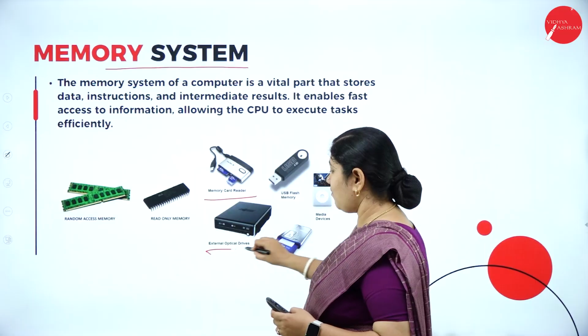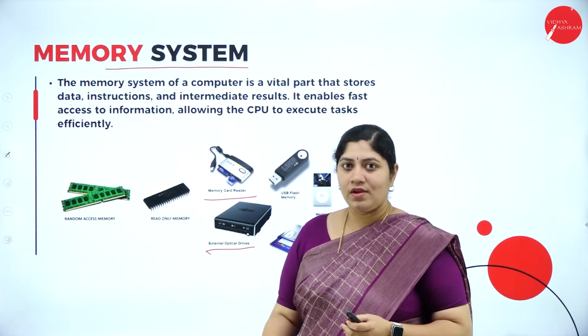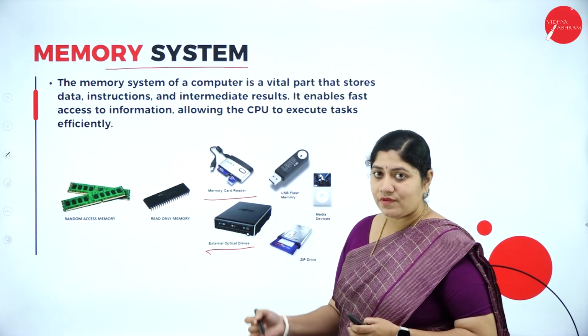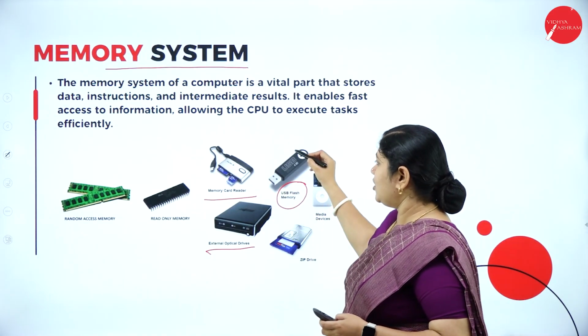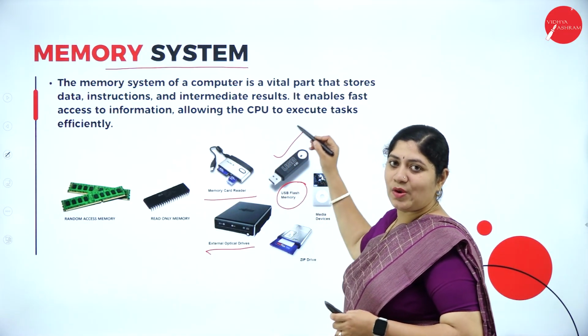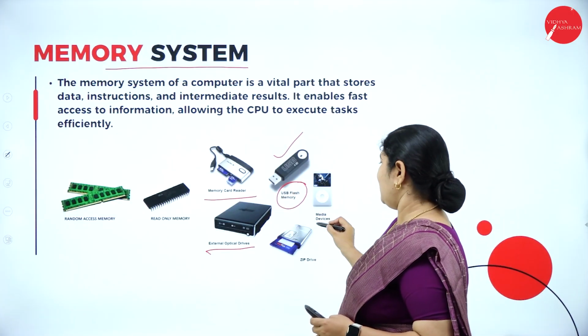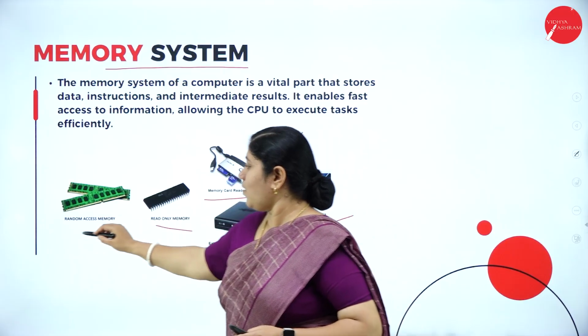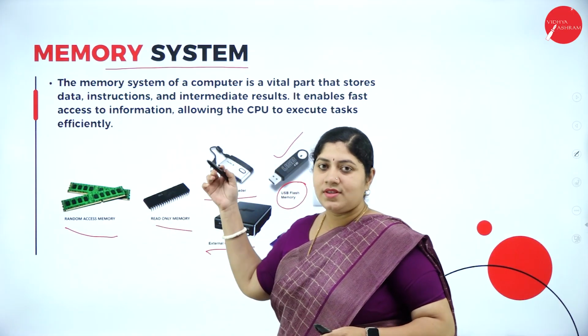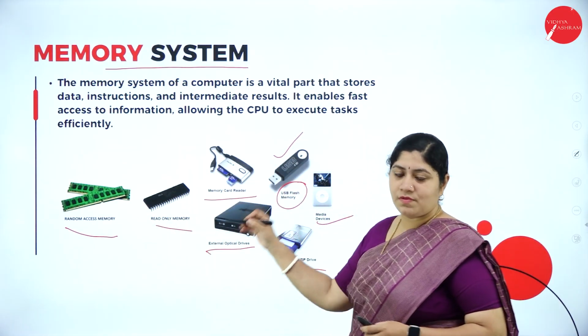And then we are having external optical drives in order to support that optical information. Then we have USB memory flash, which is one of the widely used memory devices. And then media devices, zip drive, as well as ROM and RAM. These are the different kinds of memory devices.